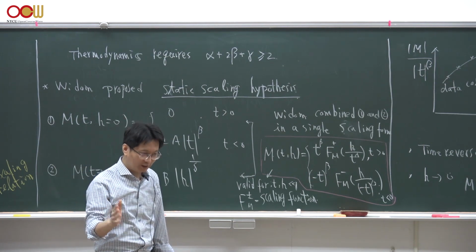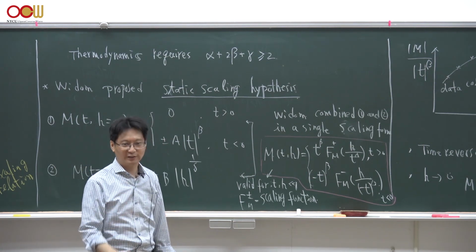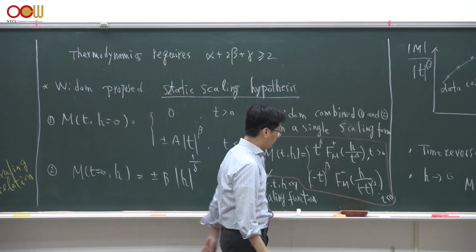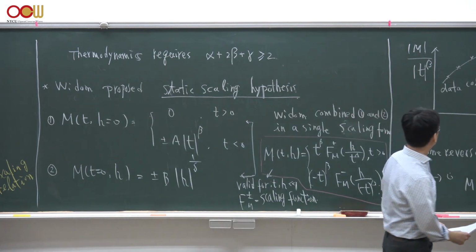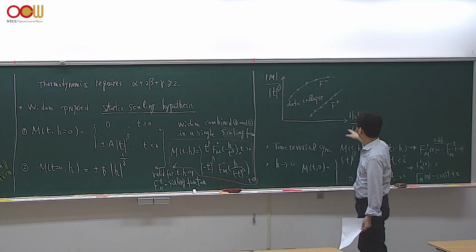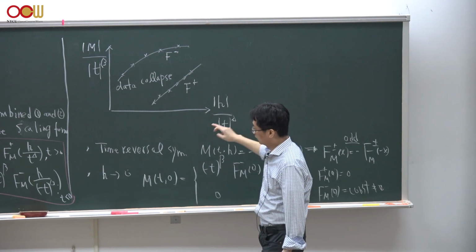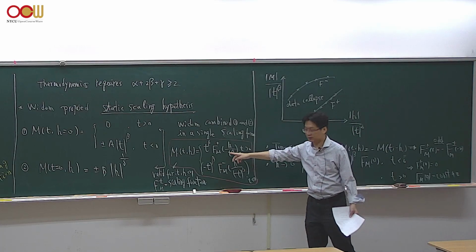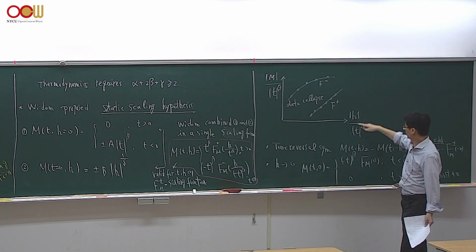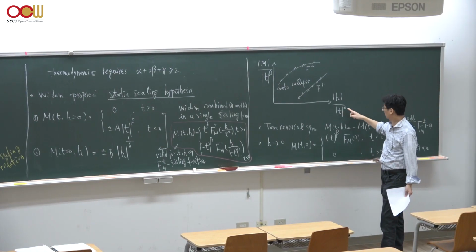They look independent, but they are not independent, because if I follow Widom's proposal and make a special plot of this x and y axis, where the x-axis is actually the argument inside this scaling function, capital F, which is the magnitude of the field divided by the magnitude of the little t to the power of delta.